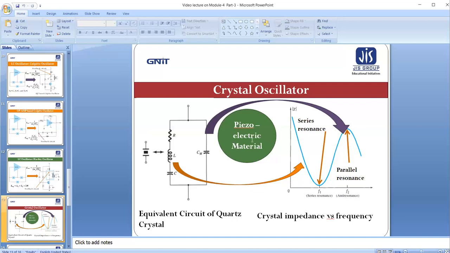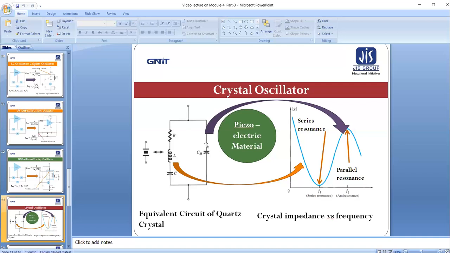The series resonance occurs when this RLC is activated. Then it will generate the maximum current or the minimum impedance. You will see that the minimum impedance occurs at a frequency F1, which is the series resonance frequency. Now the question arises, how will this series resonance frequency develop?